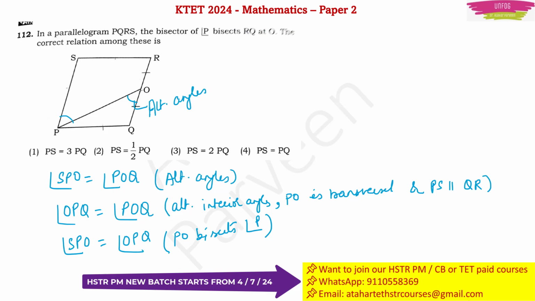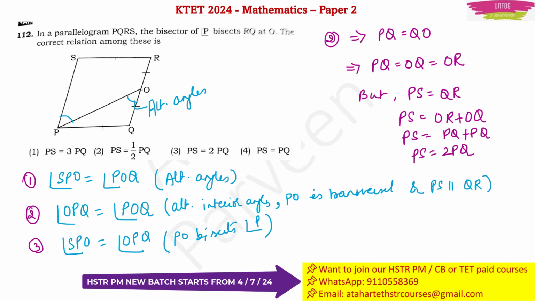And also because PO is bisecting angle P, these two angles SPO and OPQ will also be equal, because bisecting means equal angles only. Now along with all this information, finally from these 1, 2 and 3, I can say that PQ is equal to QO. In triangle PQO, PQ is equal to QO and also it is equal to OR.